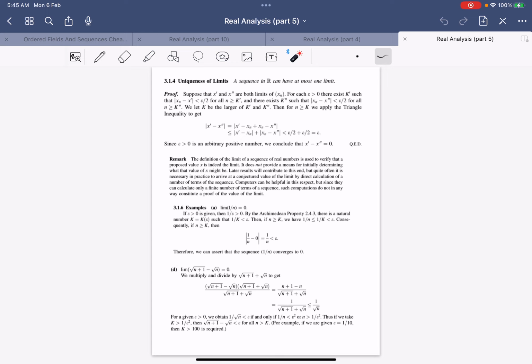And so we want to test whether it's 0, and we can do so by proving it using the definition of a limit. We are given an epsilon greater than 0, and with the Archimedean property, there is a natural number such that for anything greater than it, 1 over n will be less than epsilon. And this really proves the inequality in the definition. And so we can say that the sequence of 1 over n converges to 0.